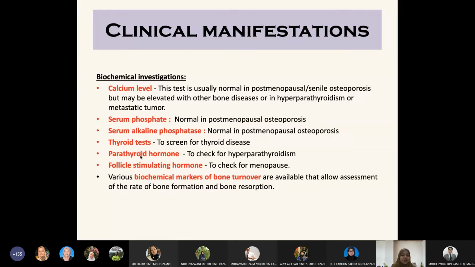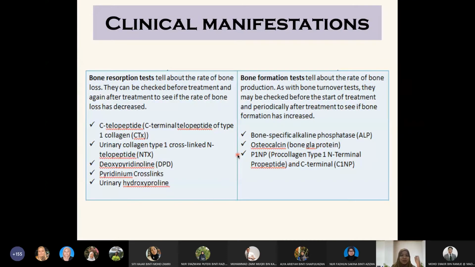And sometimes they will do other tests like thyroid tests and parathyroid tests, because they want to rule out secondary osteoporosis if it is suggestive. Okay, so these are the investigations that are normally done in those with osteoporosis.